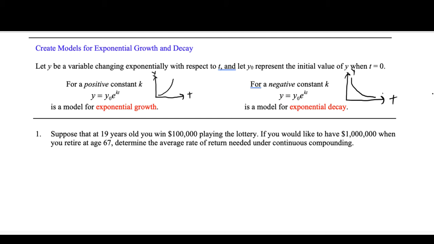We've already done a few examples relating to exponential growth using compound interest. And we'll do one more example here involving compound interest because it's a good application. Specifically, the continuous compounding equation that we've looked at is an equation of this form.